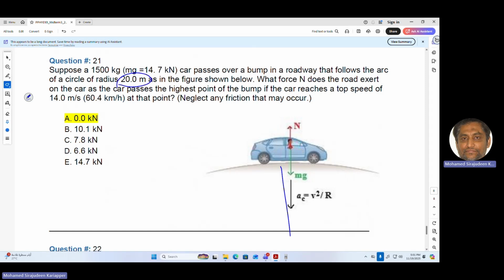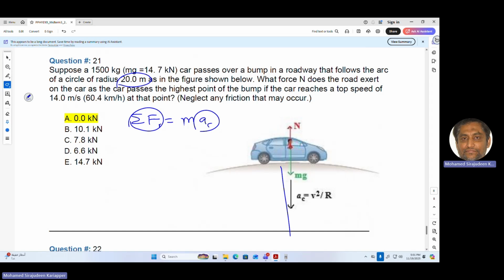So when something is going in a circular path, you are going to apply Newton's second law. The acceleration is the centripetal acceleration, and this is the centripetal force. Centripetal force means it stands for all the forces in the direction of the centripetal acceleration, right?